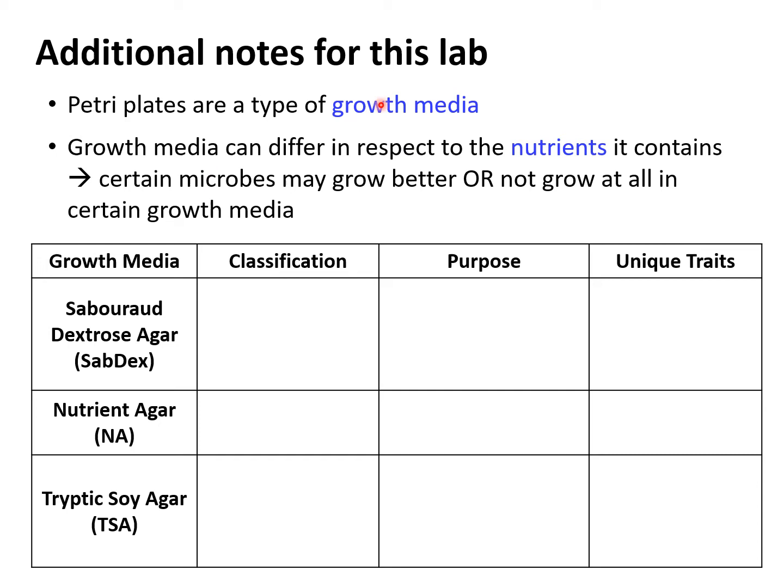Now I want to talk about the different types of media that we use. Some of the different types of media that we use are Sabdex, nutrient agar, and tryptic soy agar. Let's start with the first one.